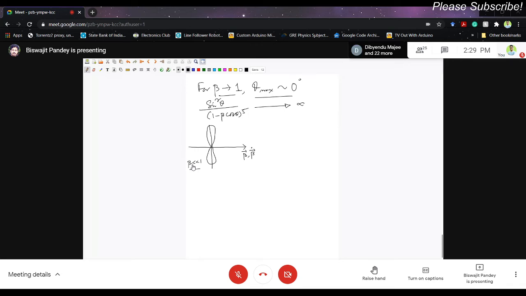And when the velocity increases, what will happen? You have already concluded that when the velocity is extremely high, the entire power will be emitted along the forward direction. In this case, it was 90 degrees, right? Velocity and acceleration are along this direction. This is r cap, which can be along any direction. The maximum power will be emitted along this direction in case of a non-relativistic point charge. But when it is extremely relativistic, you have concluded that the entire radiation will be emitted in the forward direction.